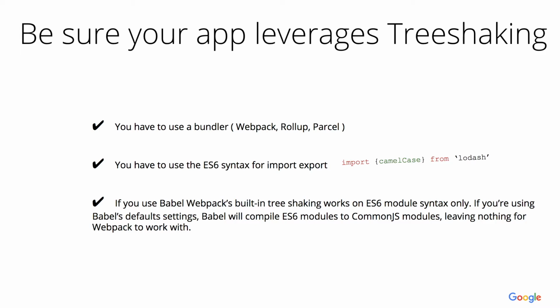Another optimization is to be sure that your app leverages tree shaking. So first, what is tree shaking? Tree shaking is basically an automated way to remove dead code from your bundle.